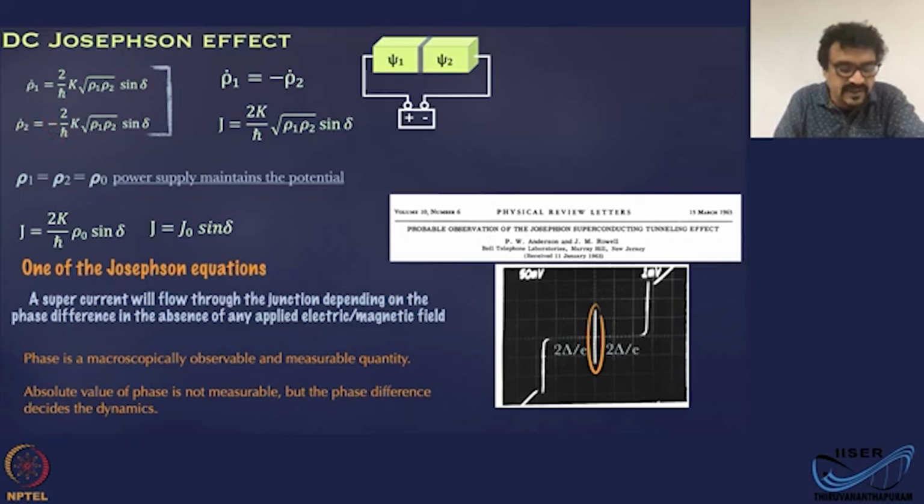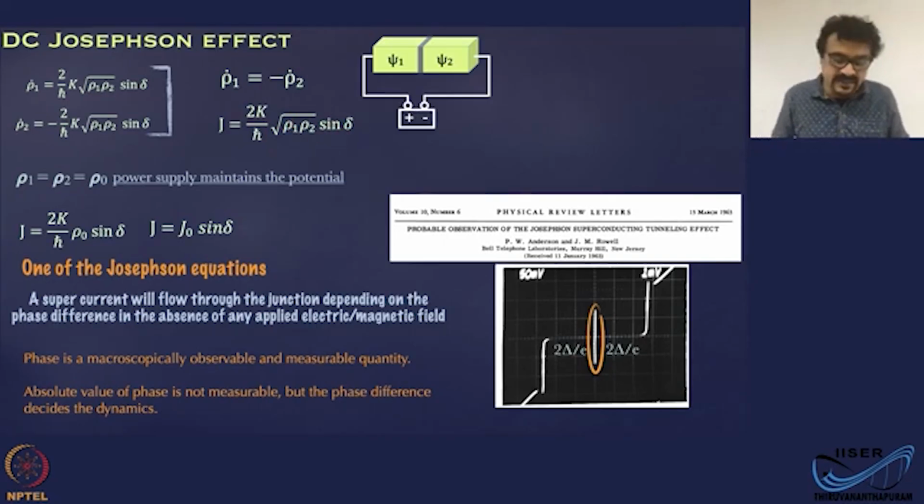Of course rho1 dot is negative of rho2 dot, but remember the time derivative, the temporal change in the density, is basically the current. So this rho1 dot, minus rho2 dot, is basically 2 kappa by h bar times square root of rho1 rho2 sine delta. That should be the current density.